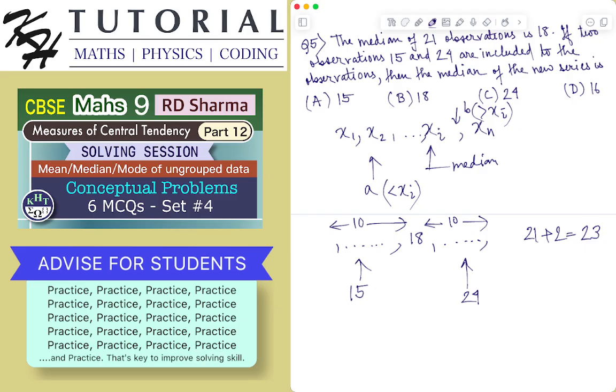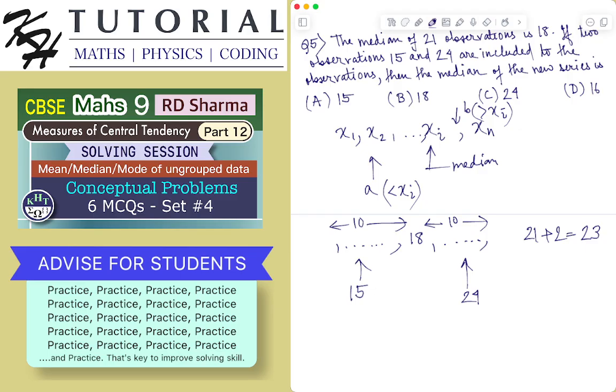Again the total number of observations is 23, which is odd, and the number which is greater than 18, which is 24, will be to the right hand side, and the number which is less than 18, which is 15, will be to the left hand side of 18. So you can clearly understand that the median will still be 18.